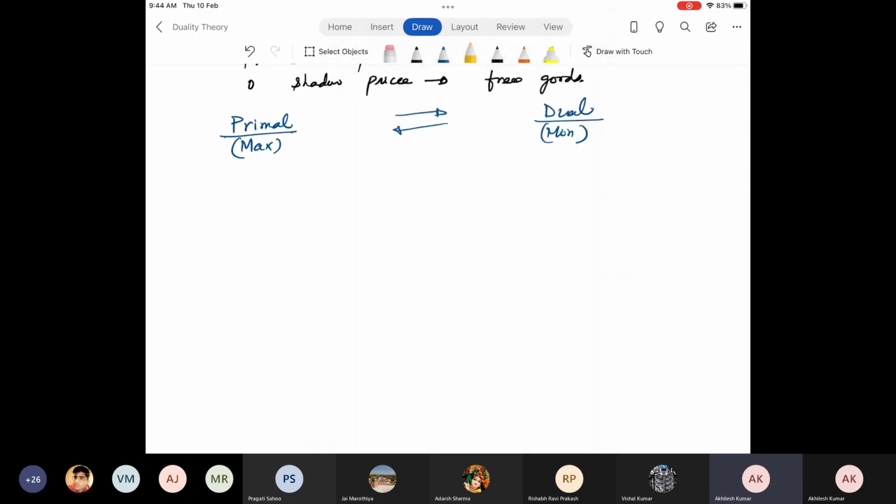So primal problem, let me write: ith constraint, xj variable.